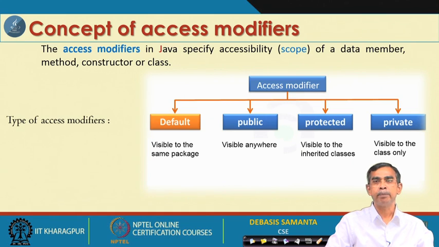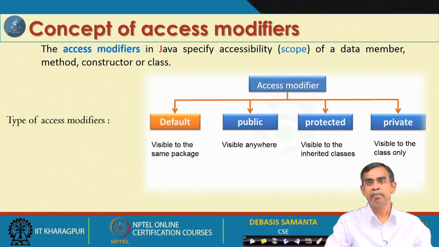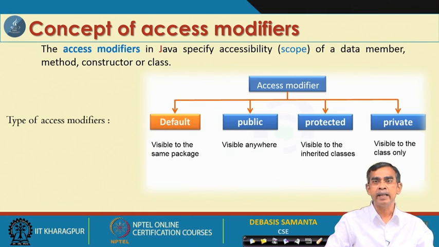On the other hand, if it is private, then that member cannot be accessed by any method other than the methods in that class itself. So, these are the 3: public, protected and private. And then there is default: without specifying any modifier explicitly, it is called the default access specifier.